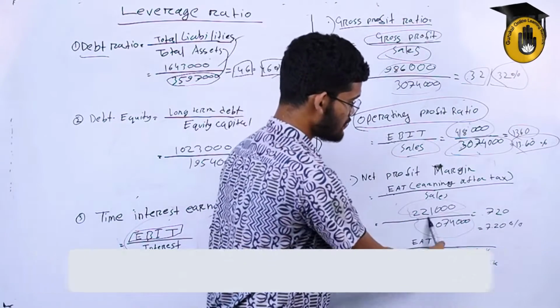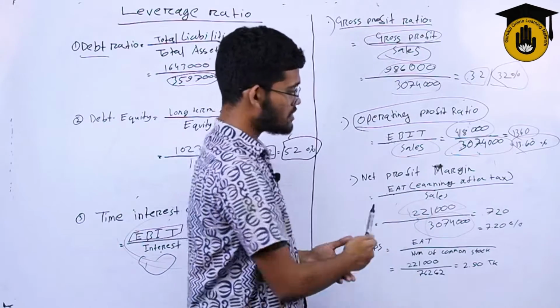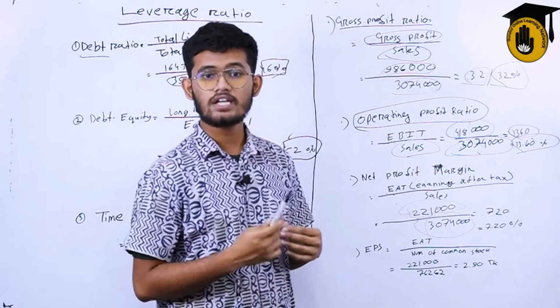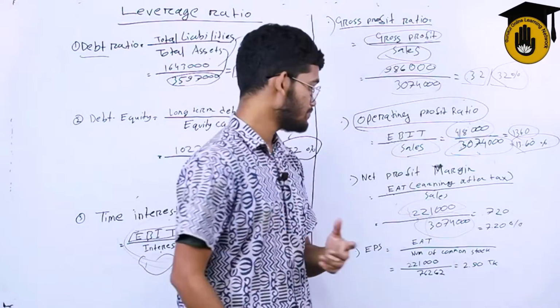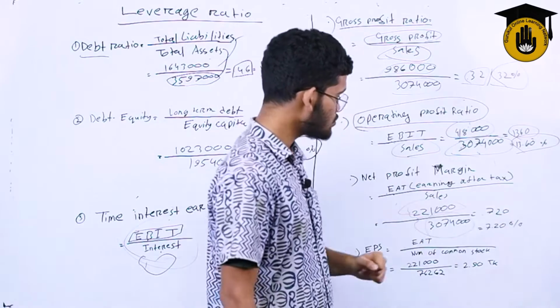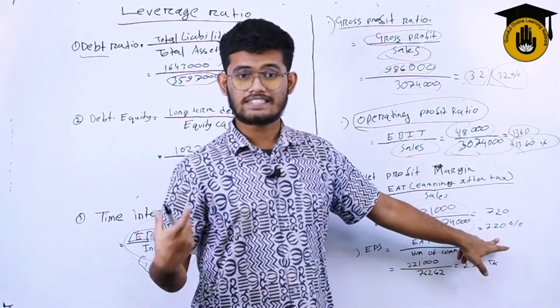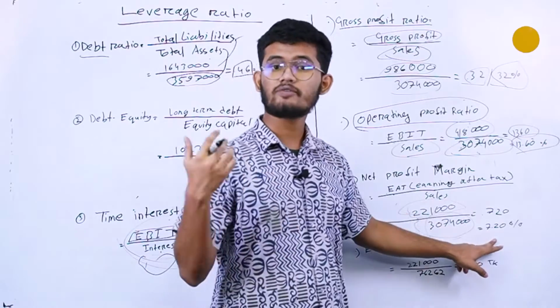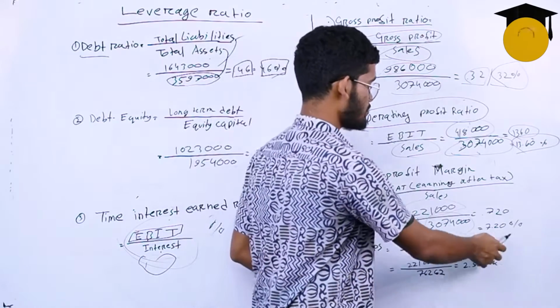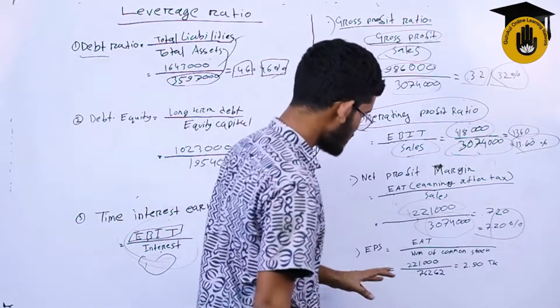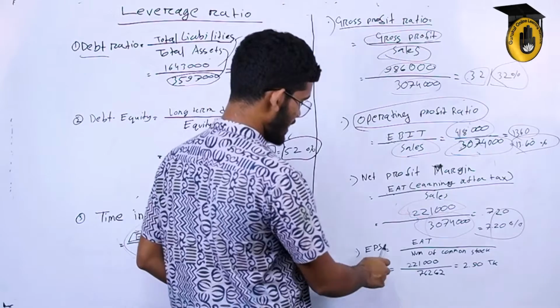Sales is 3,074,000. So 221,000 divided by 3,074,000, we get 0.0720. Break that down into percentage, and we will get 7.20%. That means 7.20%.